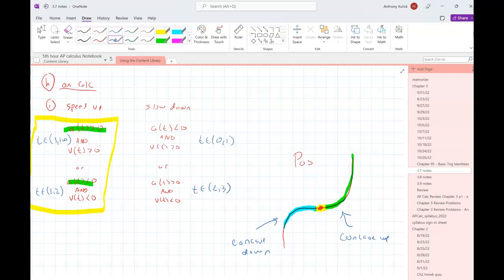Because if it stopped speeding up, it would turn into a flat line, or it wouldn't be curved anymore. If it was just constant speeding up, it would just be straight. If it's vertical, it'd be speeding up really fast. Yeah, real fast. Does that feel okay as to what we're looking for now?